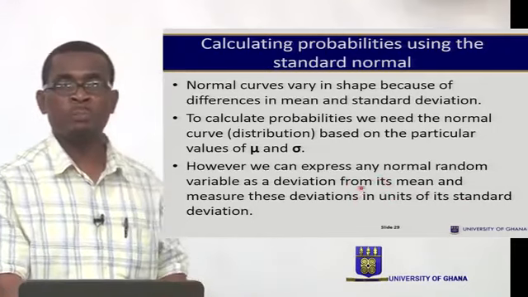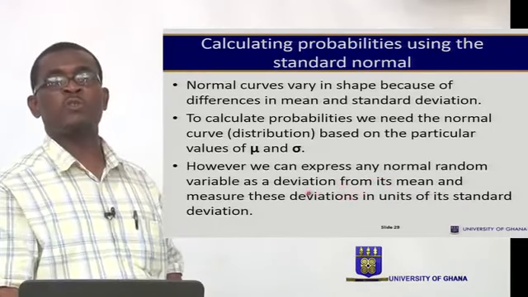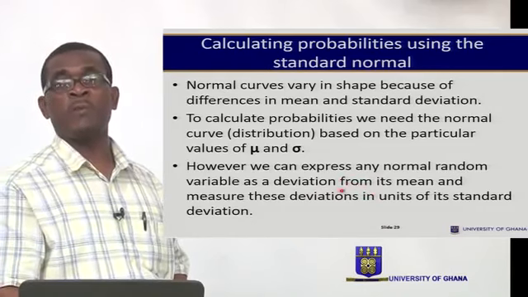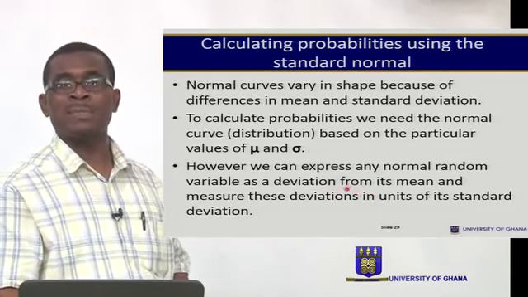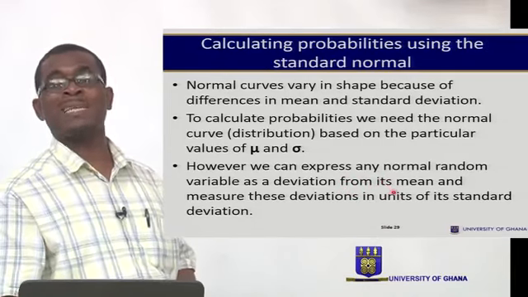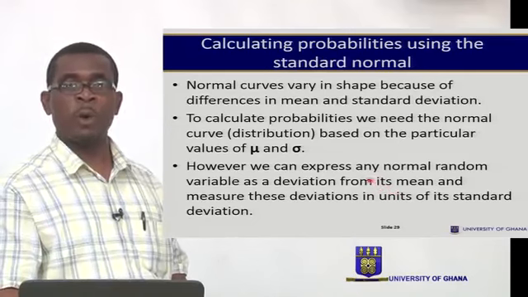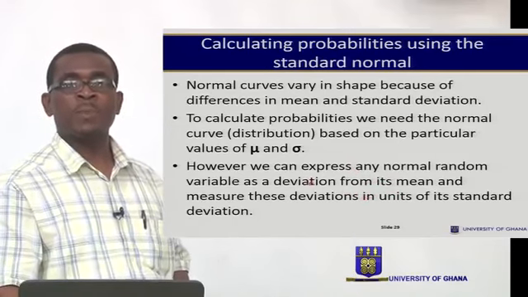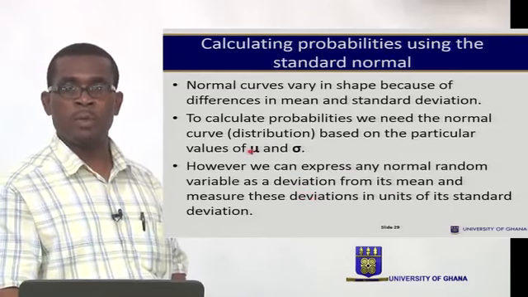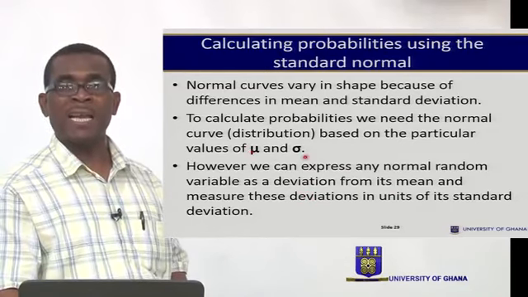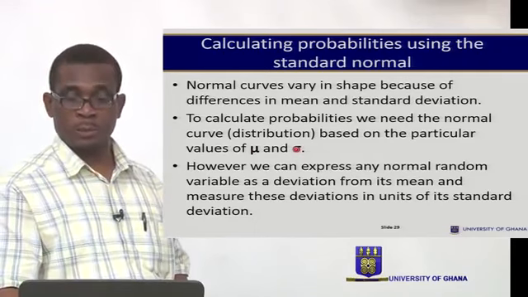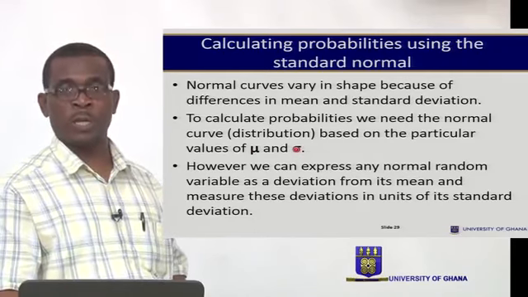But it is also possible to construct another variable from the random variable x called the z variable, often called the standard normal variable. What we do is subtract from each value of the random variable the mean, mu, and then divide the result by sigma. It's an operation you are carrying out, which I'll show you in a moment.